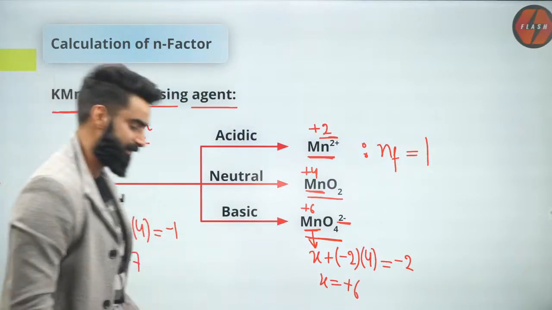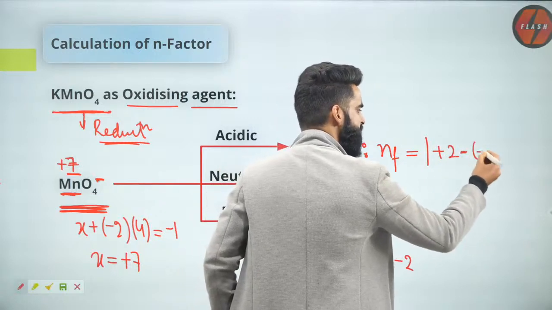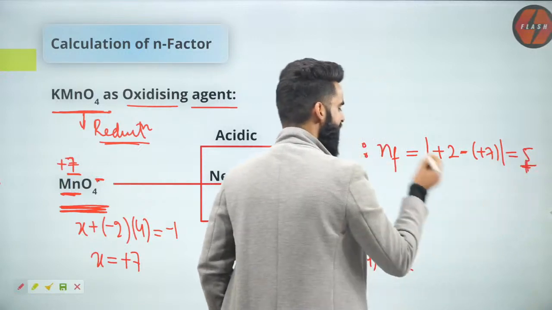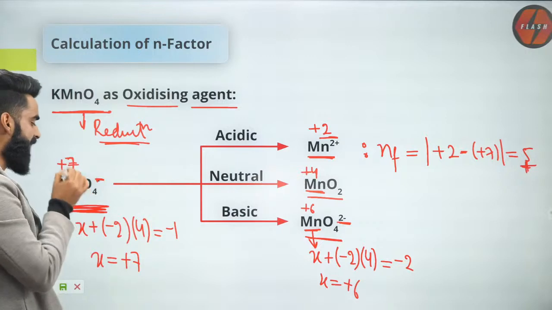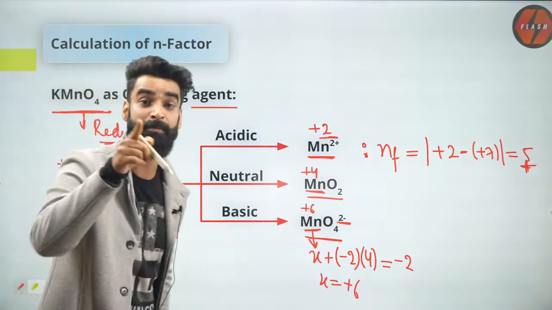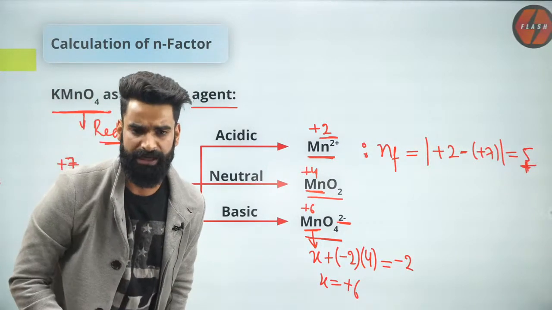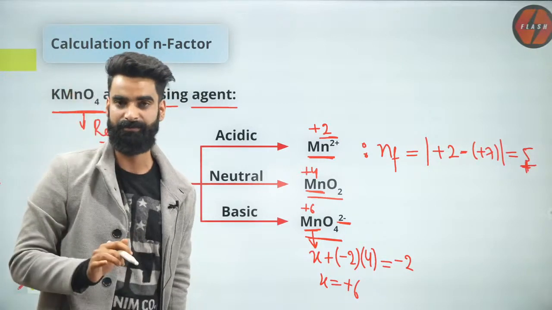The final oxidation state, which is +2, minus the initial oxidation state, which is +7. So the value will come as 5. So remember, the N factor of KMnO4 or MnO4 negative in acidic medium is going to be 5 always. Remember this, right?